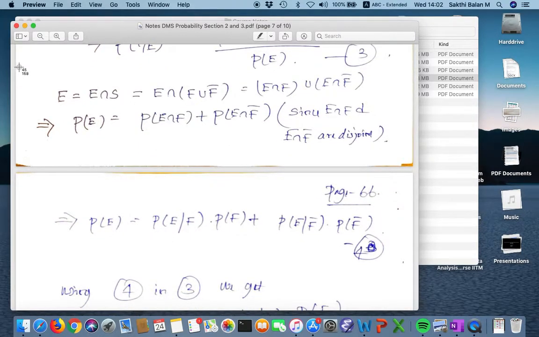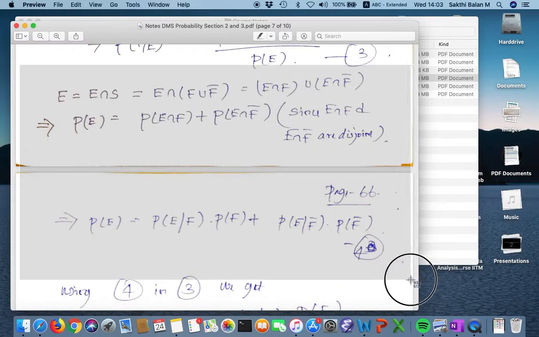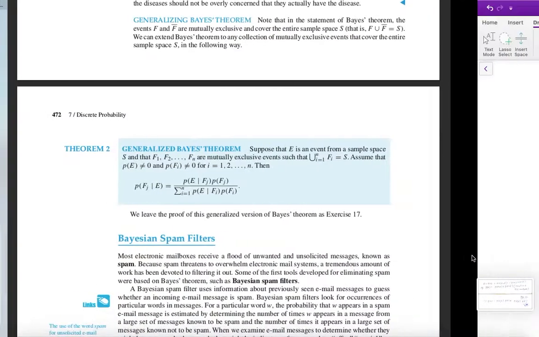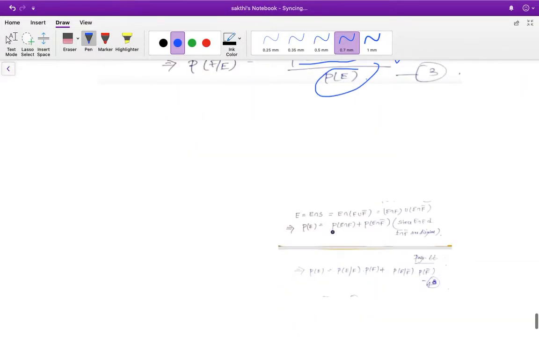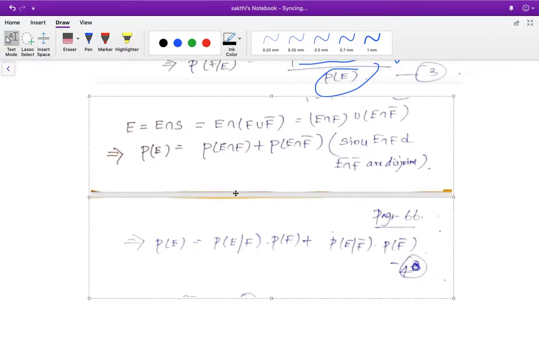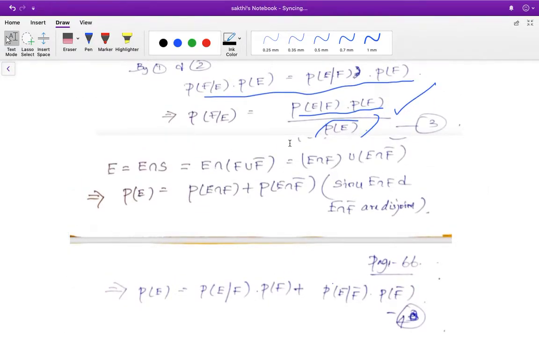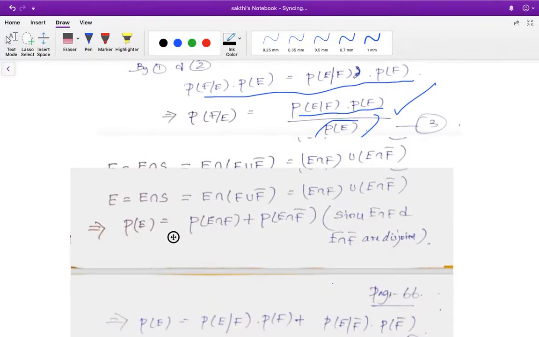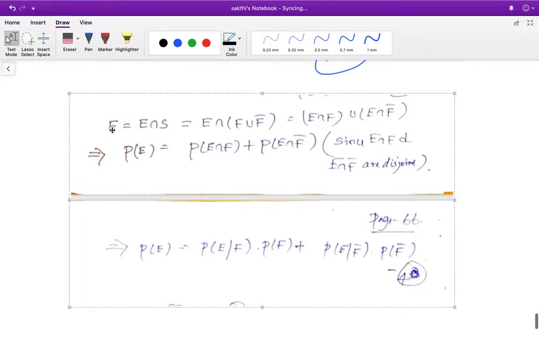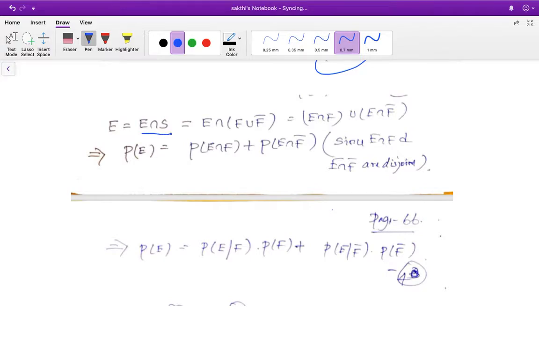Yeah. So this is the one that I was talking about. So let me put it here. So to derive what P of E is, we will use that E is equal to E intersection S. S is a bigger sample space, so if I intersect with S, I will get E only.